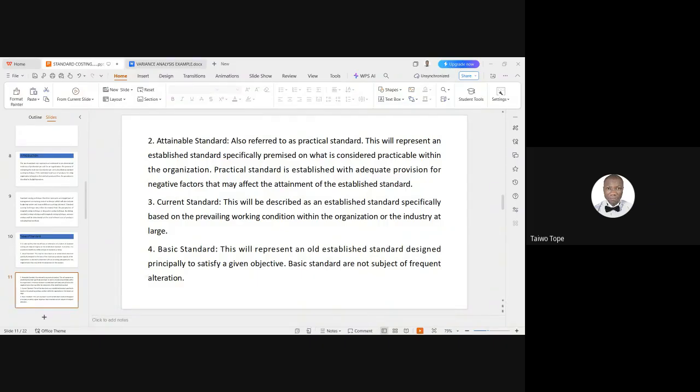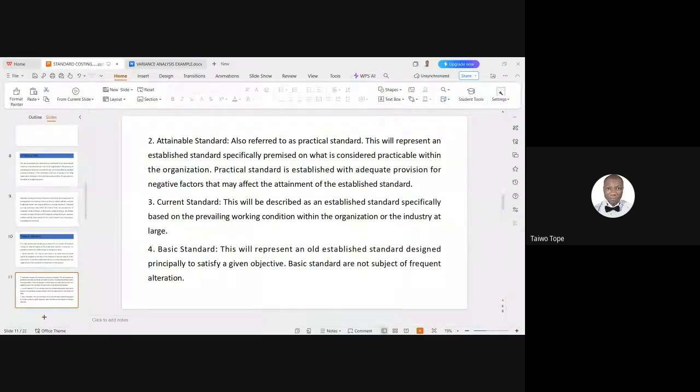So current standard. These are standards that are set based on current operating conditions, because your operating condition as at yesterday might vary from that of today. As at yesterday, you might be very weak, but today you might be very agile and strong. So this is a standard that is set based on the prevailing condition as at the present.